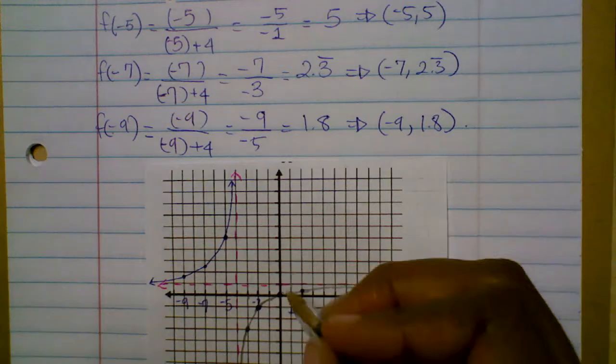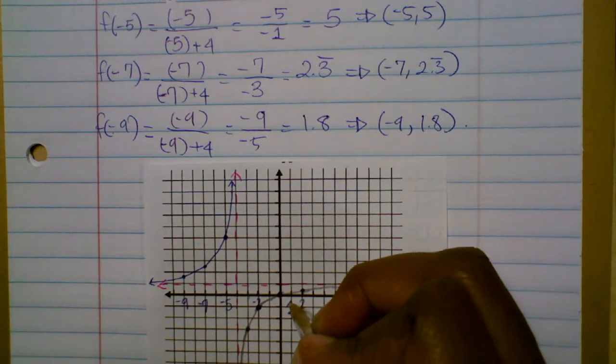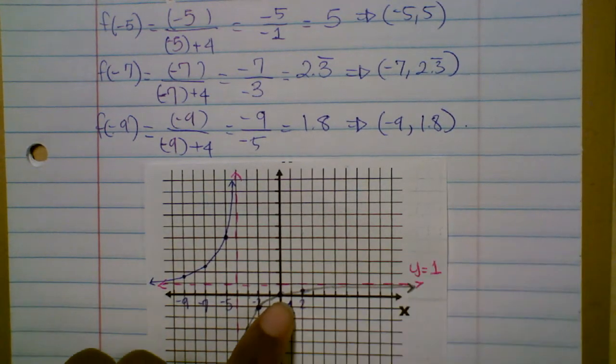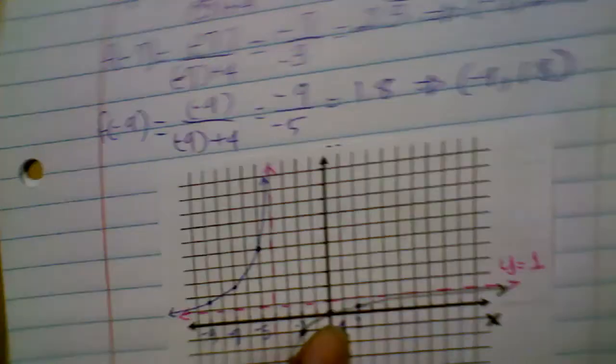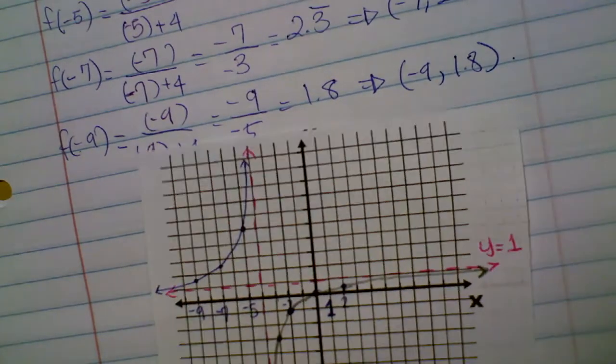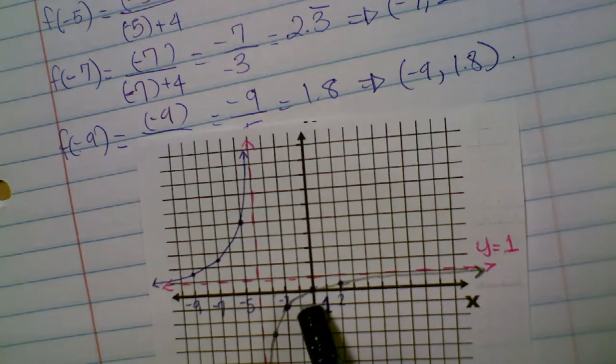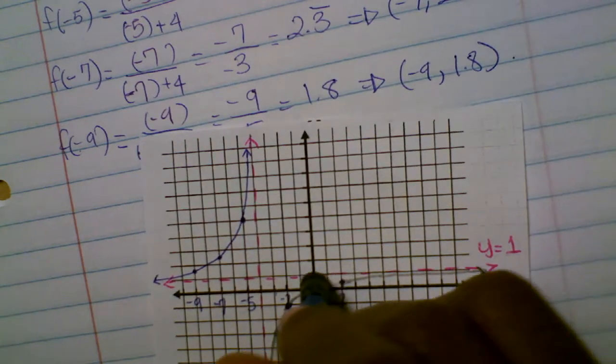Now, remember, there is a hole at x equal 1. Don't forget about the hole. At x equal 1, that's why I use a pencil. I am going to now use my eraser and erase. Let me zoom in so you can see what I'm trying to do. You see the line at x equal 1 on the line of the function.